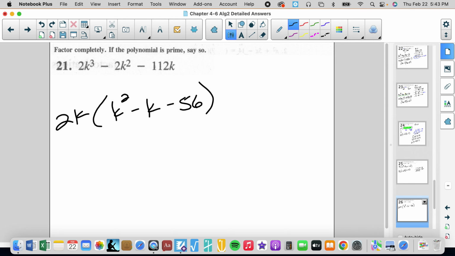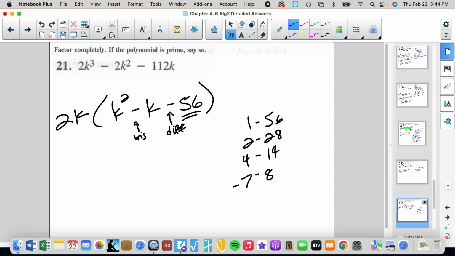Now, a is 1, so we can just take factors of 56. 1 and 56, 2 and 28, 3 no, 4 yes, 4 and 14, 5 no, 6 no, 7 yes, 7 and 8, and that's it. Signs are different, and the bigger is negative. Signs are different.